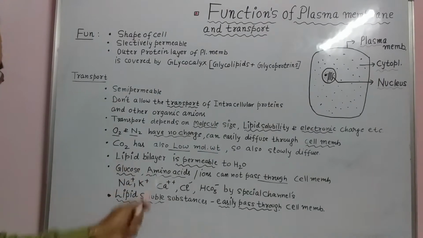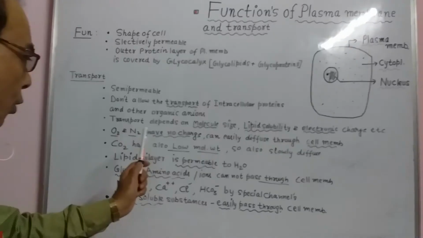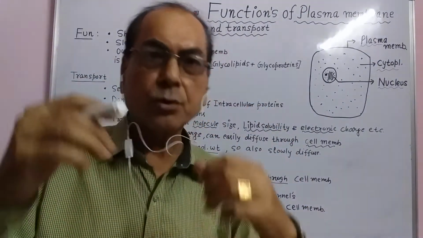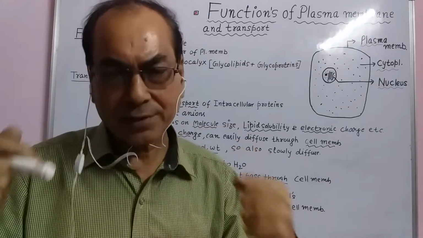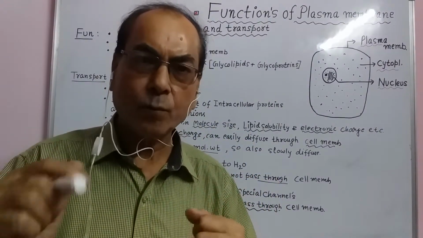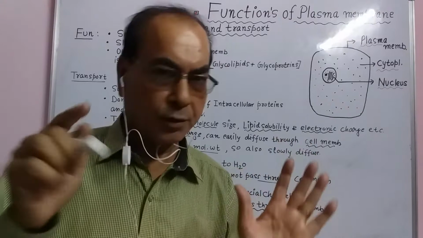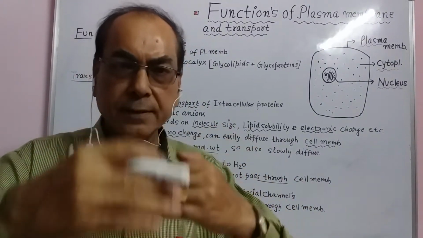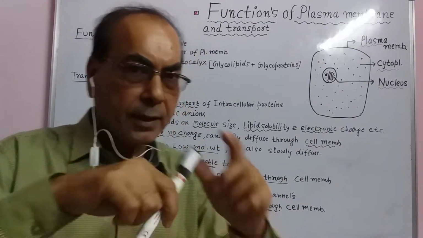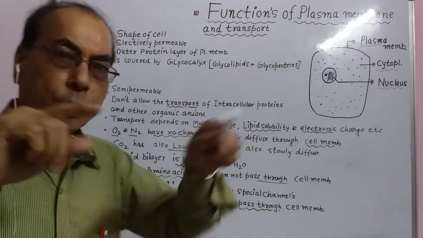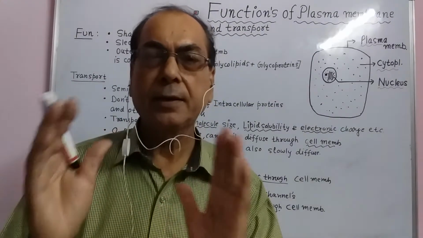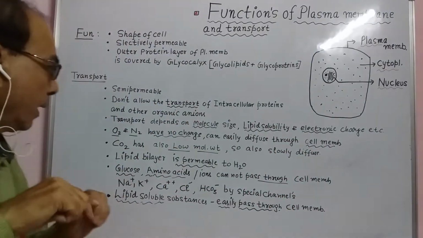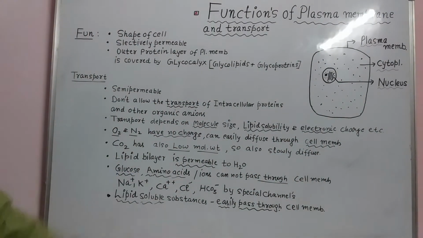Next, carbon dioxide has low molecular weight, so it can also diffuse across the plasma membrane, but very slowly. That means the transport of CO2, carbon dioxide, across the plasma membrane takes place very slowly due to the low molecular weight.